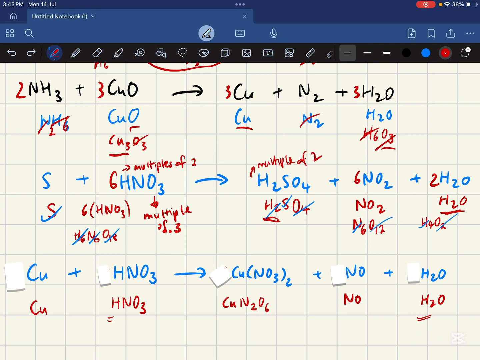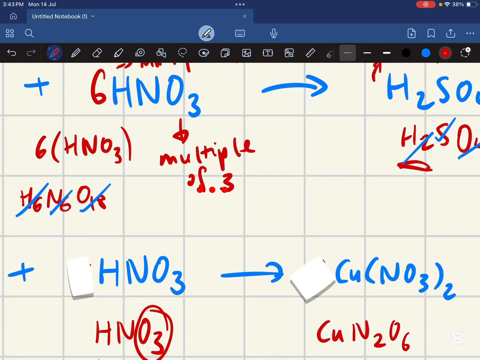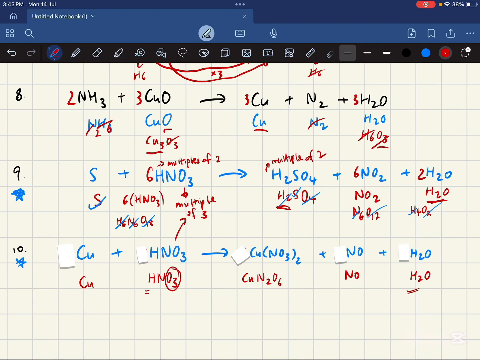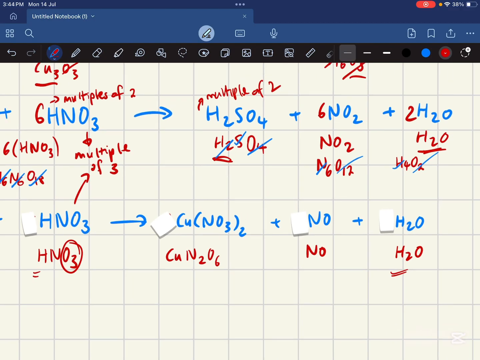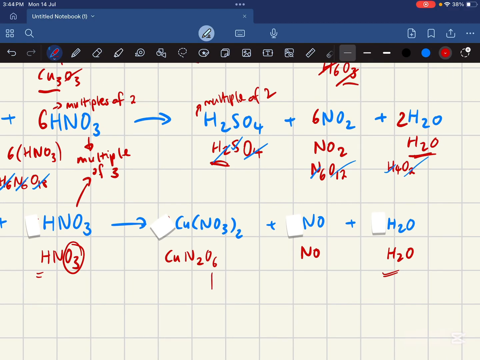Here O3. So we know again that the number of O's is going to be a multiple of 3. So the number of O's will be a multiple of 3, no matter what you multiply with it. So here we have a O6, multiple of 3.